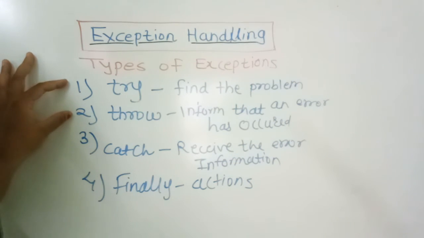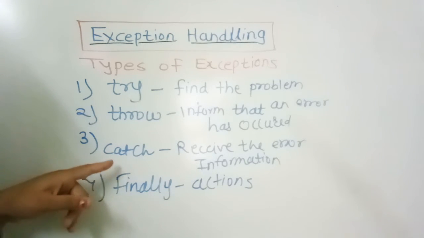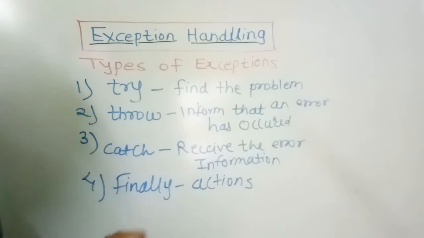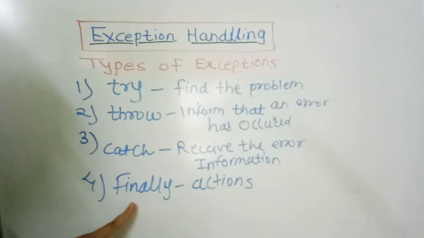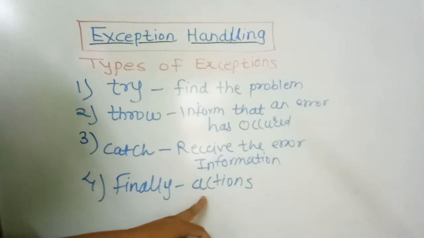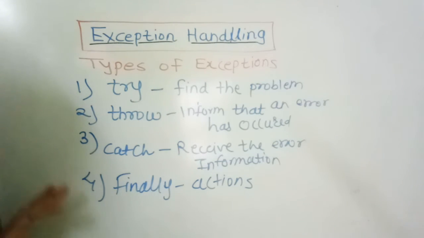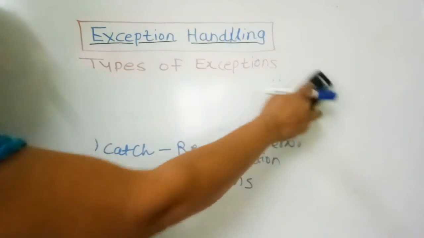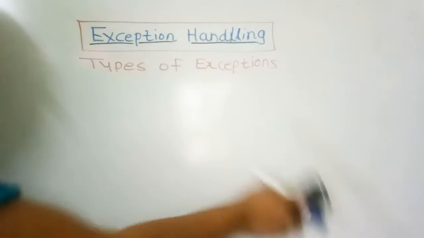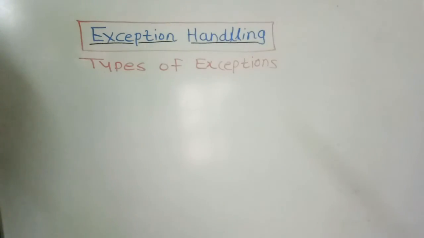Both try and throw are for finding the problem and informing the system. Then catch receives the error information from try or throw. Among these four mechanisms, only finally has the mechanism to take actions over those conditions. So these are the mechanisms that handle exceptions in Java programming.